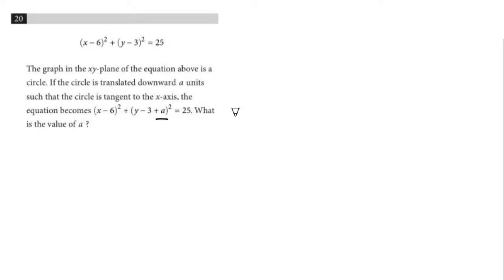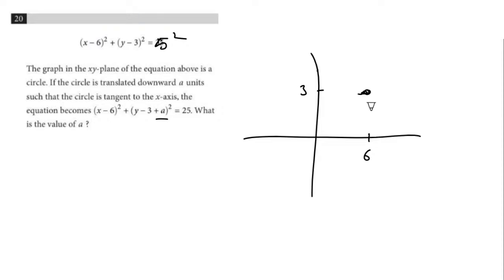What is 5? Actually it should be 5 square, because it's r square. So we have a graph like this with center 6 and 3, and radius is 5, so it's somewhere here.